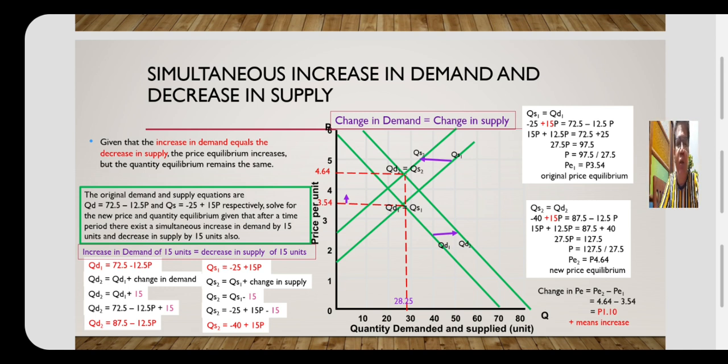That is, first from the given demand equation, we add the change in demand to derive the new demand equation. The fact that there is an increase in demand by 15 units, so we will introduce plus 15 as what is added to the original demand equation, which we refer to as QD sub 1.